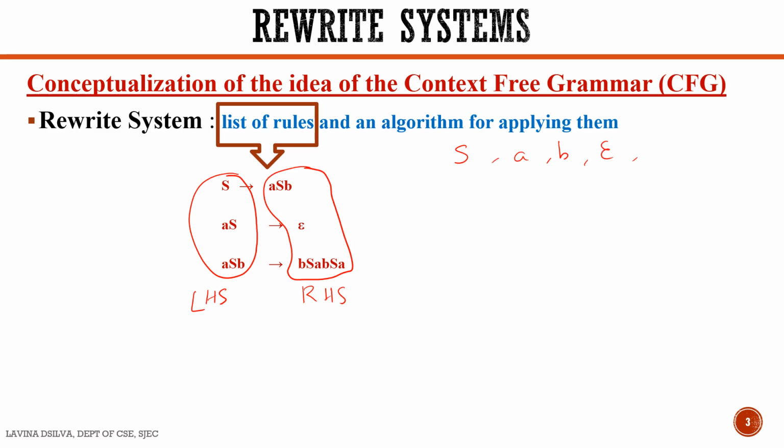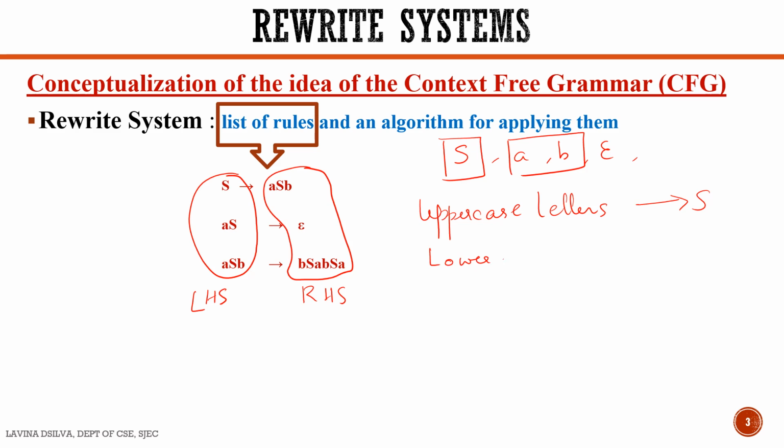So what we do is we consider uppercase. You can see S is an uppercase letter. Then we can have two more symbols which are in lowercase letters. So we consider the uppercase letters together. Here it is S, and then we can take the lowercase letters which appear, that is A and B. We will not consider epsilon for the time being.